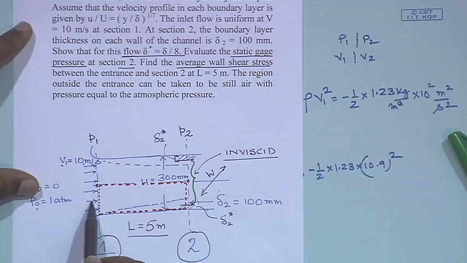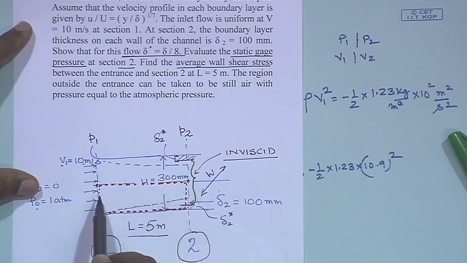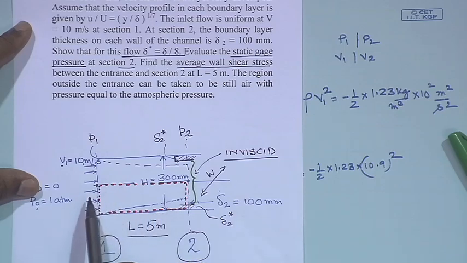I have momentum coming in by convection, momentum going out by convection. There is a difference in pressure between this point and this point, and some wall shear stress is acting on the control volume in the reverse direction, reverse to that of the flow direction. The pressure difference forces the liquid to move from this side to this side.